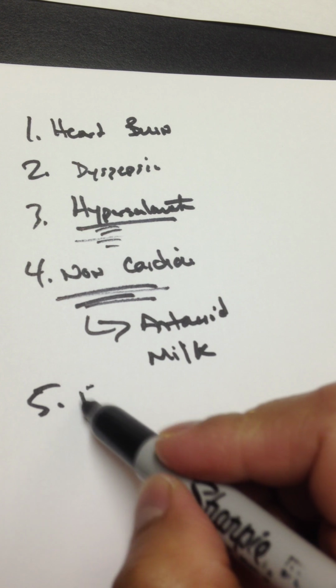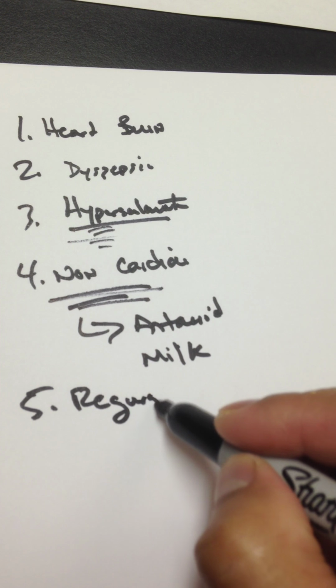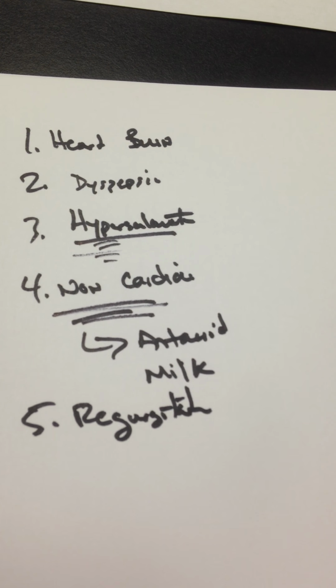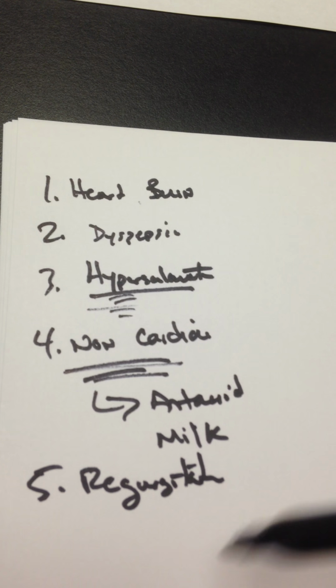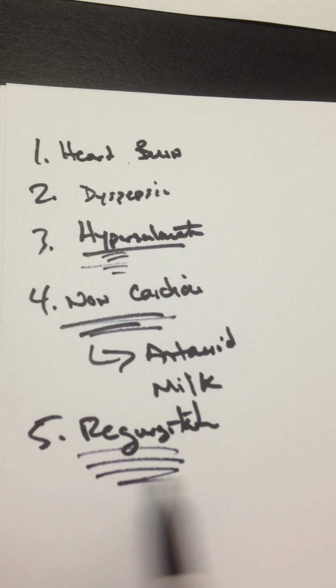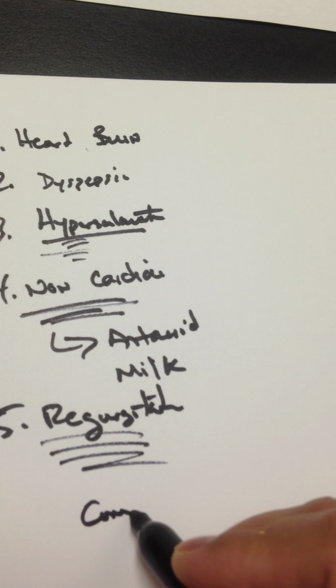Number five, regurgitation. Now, we just talked about, again, the heartburn. This is caused by all those gastric contents coming back into the esophagus. That would be regurgitation. Now, complications.